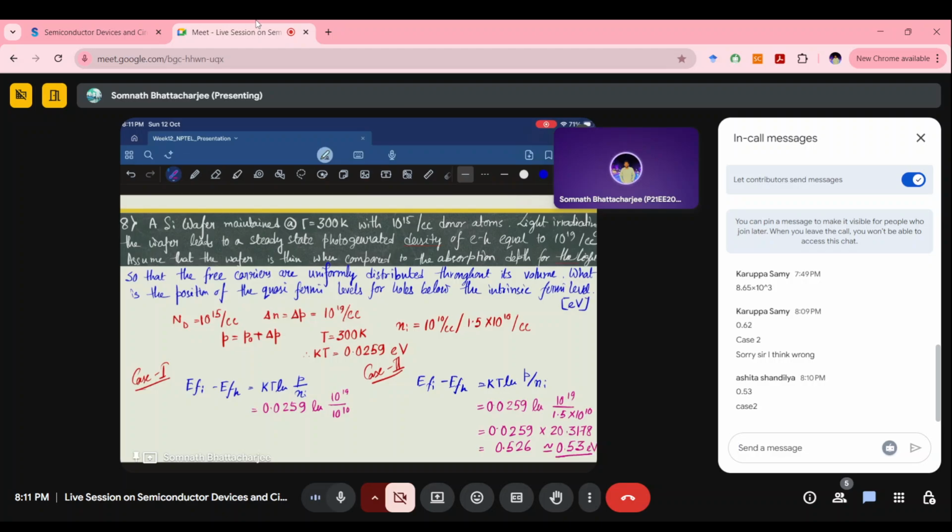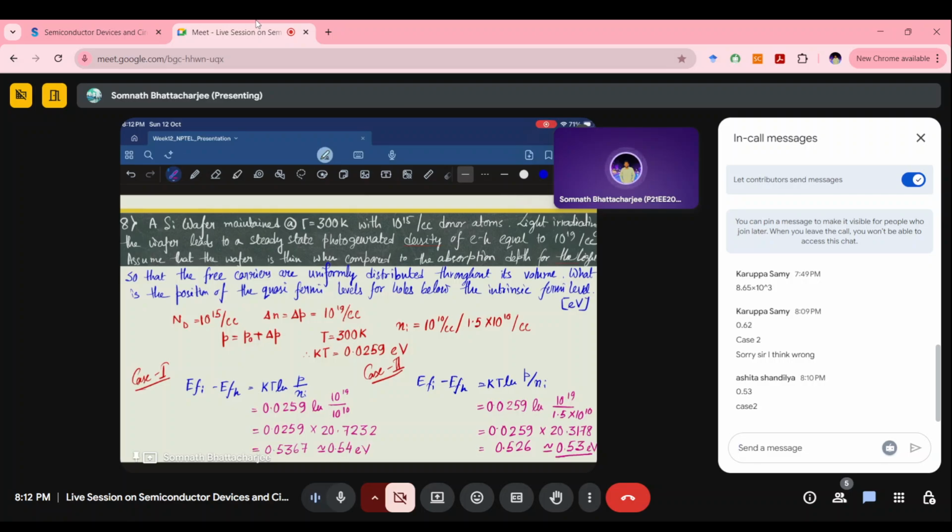We need to find out ln of 10 to the power of 9, so that is 0.0259 multiplied by 20.7232. If we multiply 0.0259, that comes out to be 0.5367. So it is 0.54.